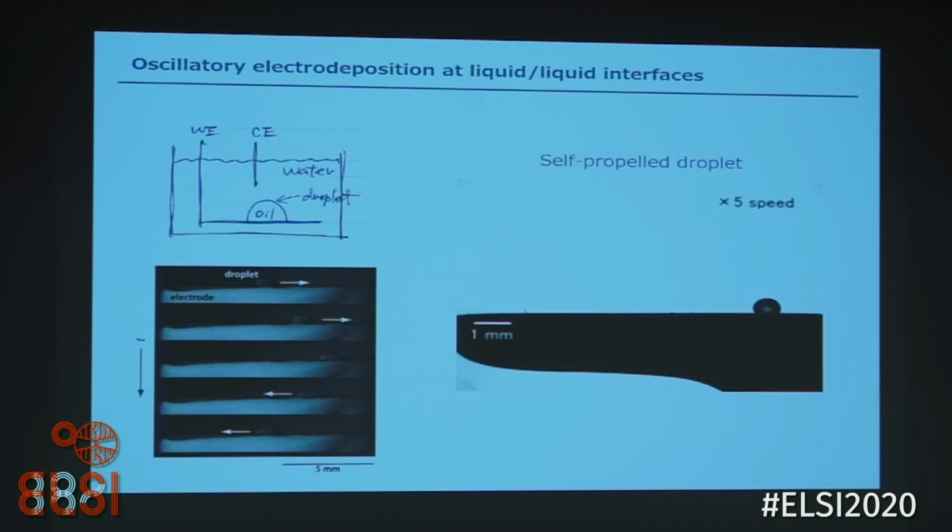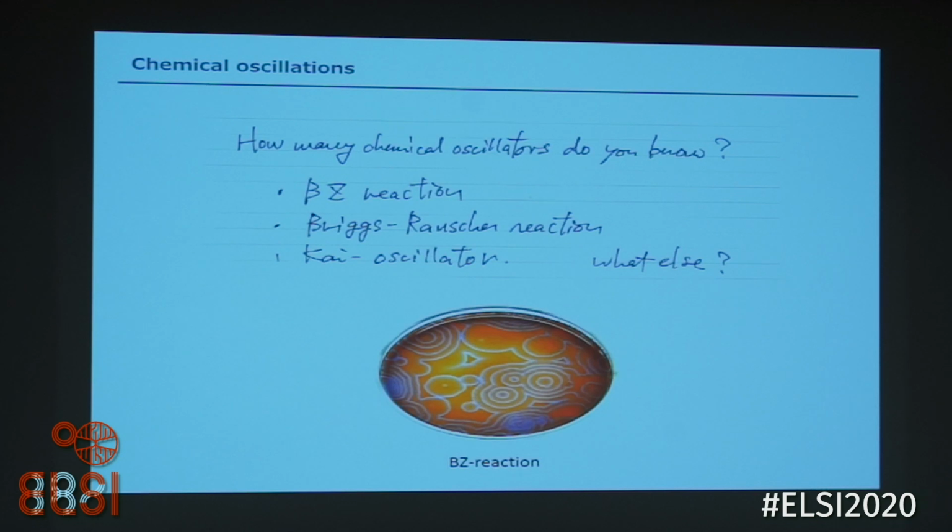And when the applied potential is stopped, it's frozen at that position. So like this, in electrochemical systems, we have various kinds of dynamic patterns, oscillation, waves, whatever. But how many chemical oscillators do you know?